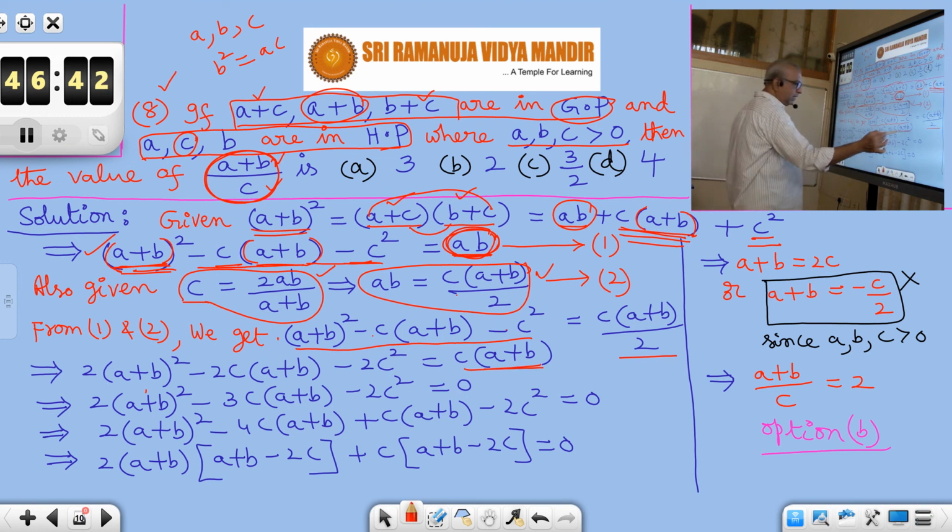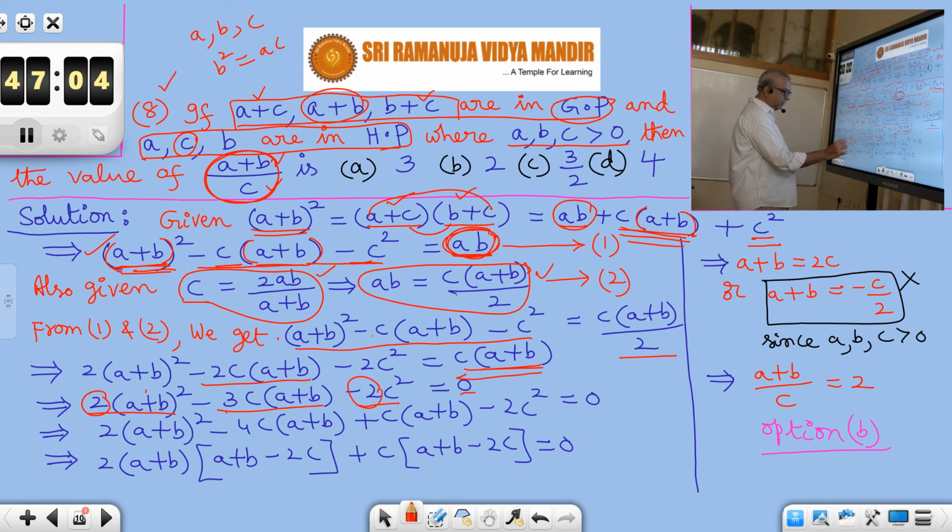So this C into (A plus B) also I will take to the left side. So 2 into (A plus B) whole square minus 2C into (A plus B), and this is also coming, so minus C into (A plus B). In total you will get minus 3C into (A plus B) minus 2C square is equal to 0. So this 2 into the last one, minus 2, is minus 4.